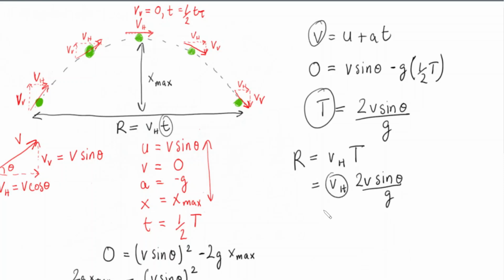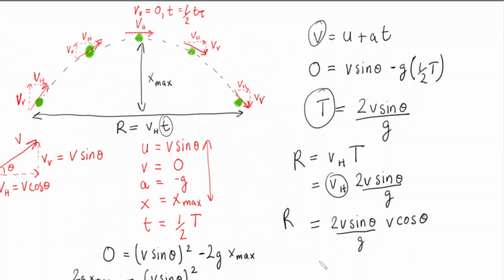And vh is just our horizontal velocity component, so I can put that in as well. So I can say 2v sine theta divided by g multiplied with v cosine of theta. And this will give me the range expression without having time in it.